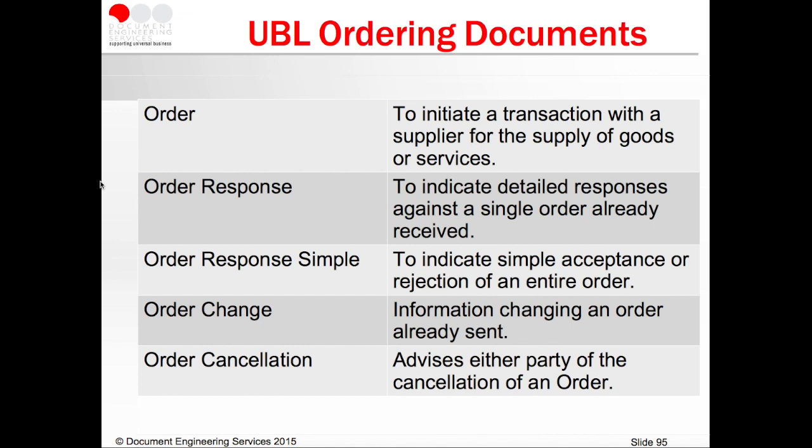The order response message itself can be more complicated and give more detailed response against the order. You can change an order that's already been submitted, and you can cancel an order. Each of those documents corresponds to a UBL standard XML schema.